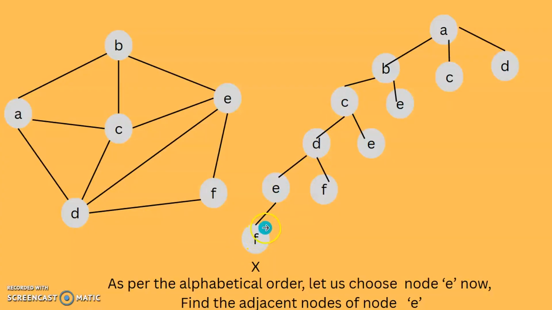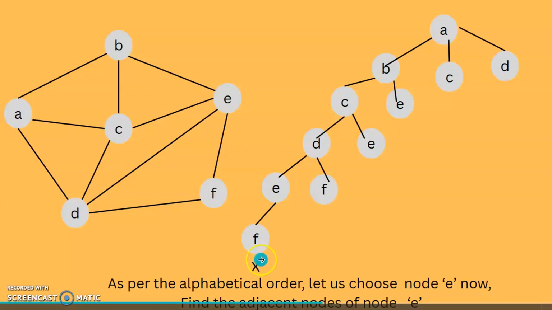But what is our condition for a Hamiltonian circuit? Finally, we have to reach the starting vertex. So now you see, is there any direct edge from this node F to A? There is no direct edge. So this solution is blocked.